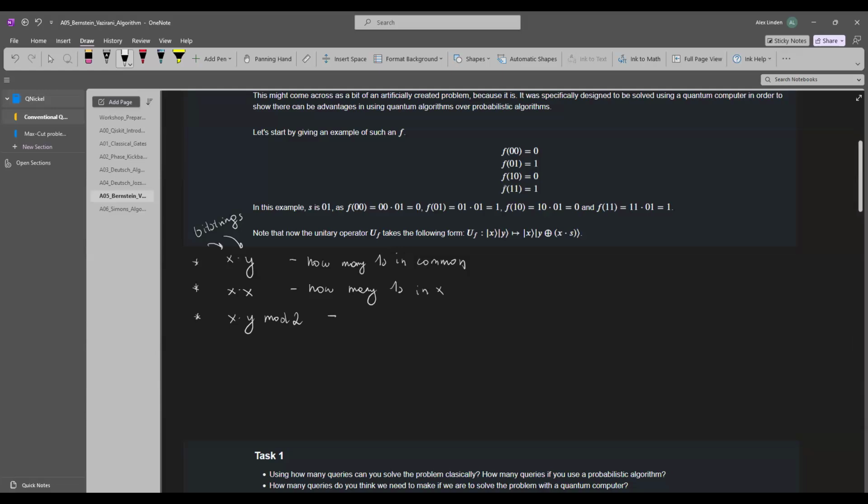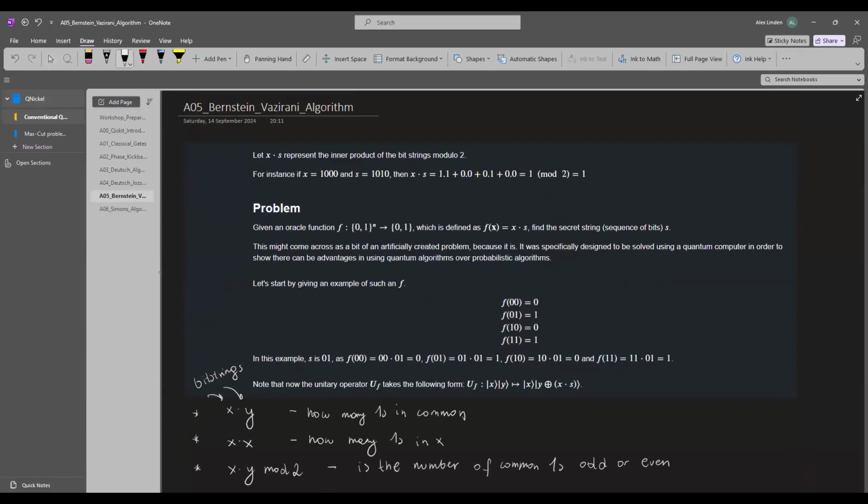So this will tell us whether the number of common ones is odd or even. So we can take a lot out of this operation.